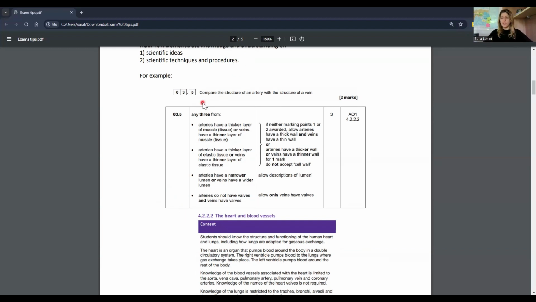Okay, so it's very useful because if, for example, you needed to learn the structure of the heart and you just repeat the structure, but then you're asked to compare the structure of the right and the left-hand side of the heart, it's actually a lot more difficult, right?